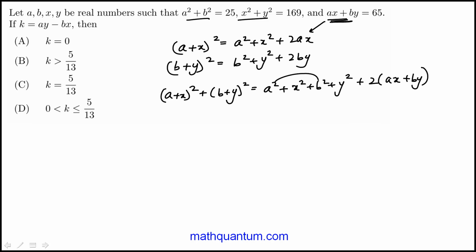And I have a squared plus b squared, that's 25, this is 169, and then this is 2 times 65, so that became 130, 194, I end up with 324.